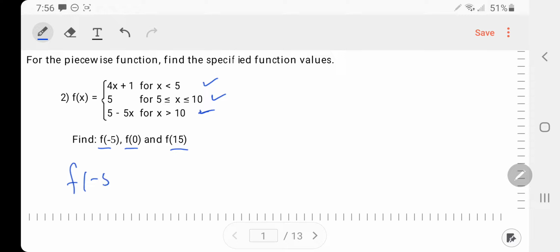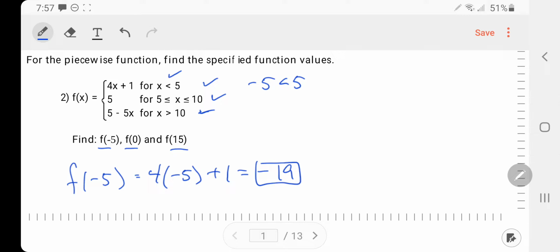So for f of -5, we know that -5 is less than 5, so that makes this true, and so we're going to plug that into the top piece. Replacing the x with -5, that's going to give us -20 plus 1, which is -19.